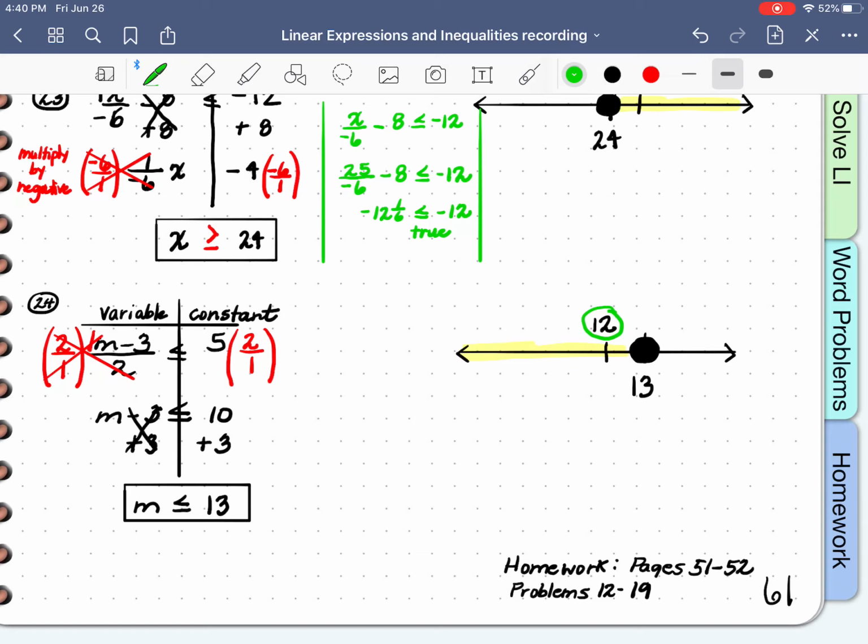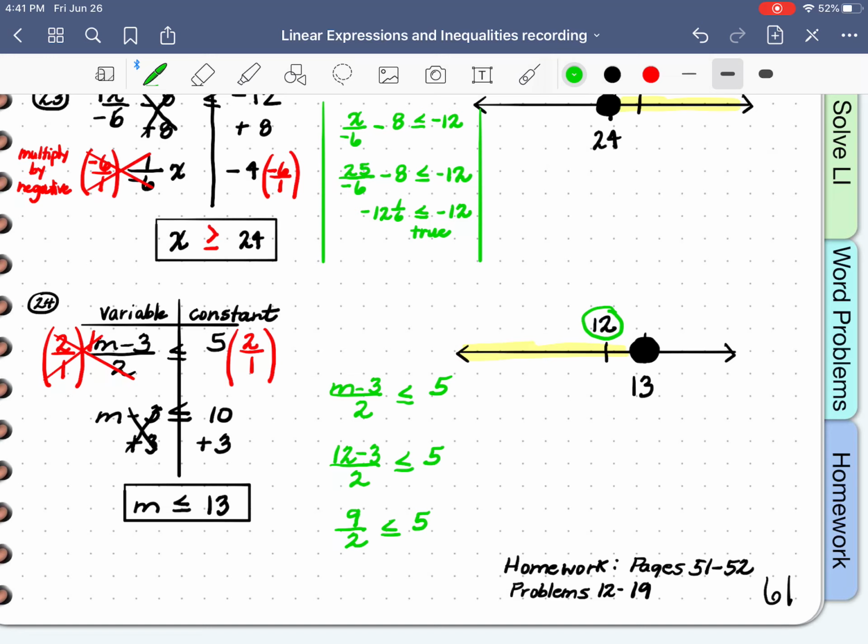So I have m minus 3 over 2 is less than or equal to 5. And I'm going to put the 12 in there to test it. So 12 minus 3 over 2 is less than or equal to 5. 12 minus 3 is 9 over 2.